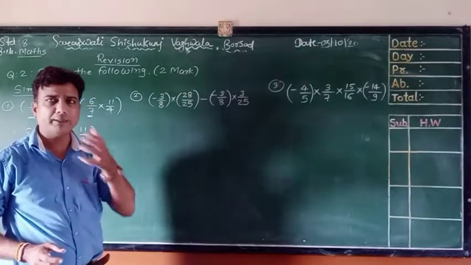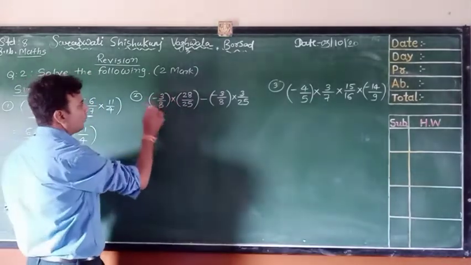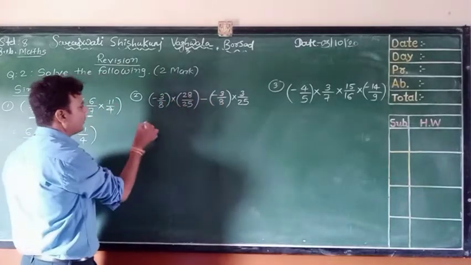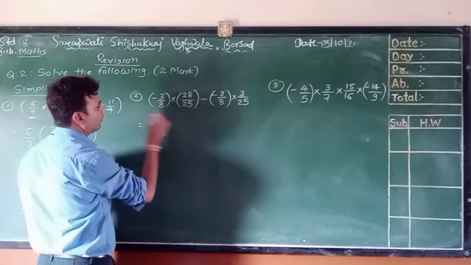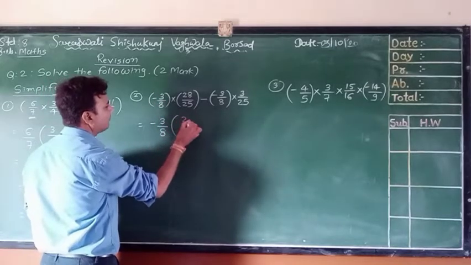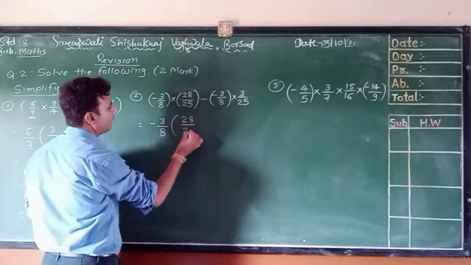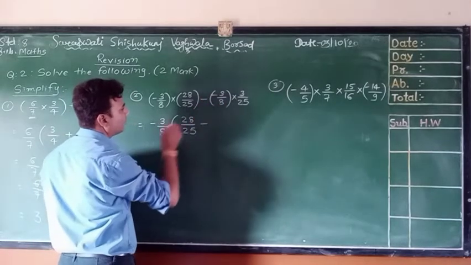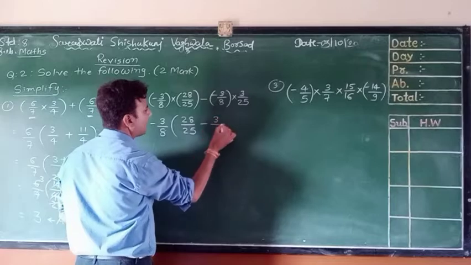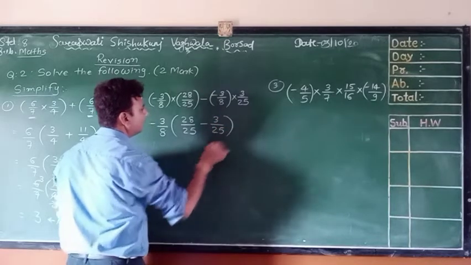So first we have to take out the common, minus 3 by 8. Now minus 3 by 8 is common, so the remaining terms are 28 by 25 minus 3 by 25.